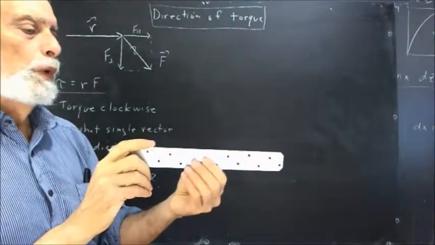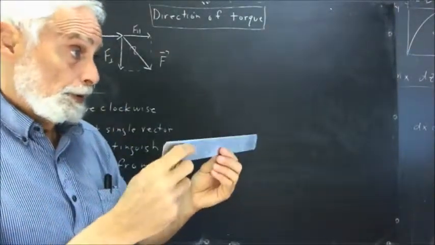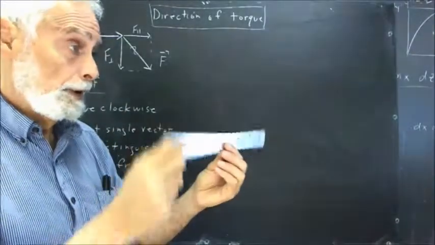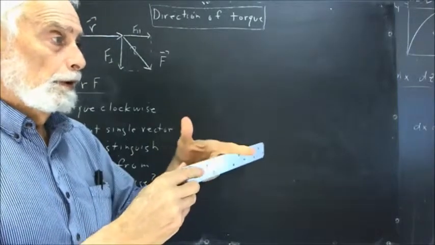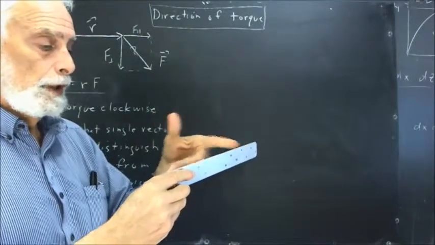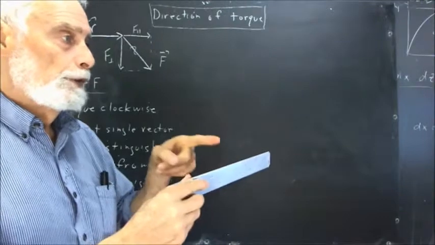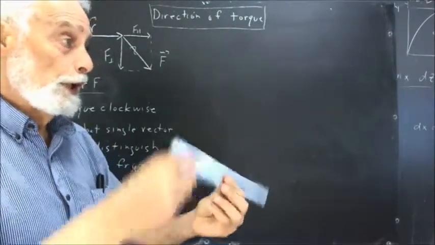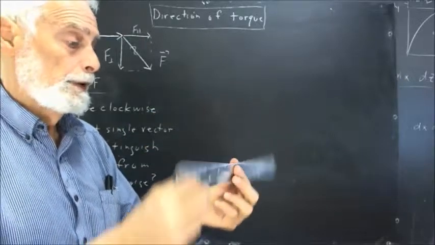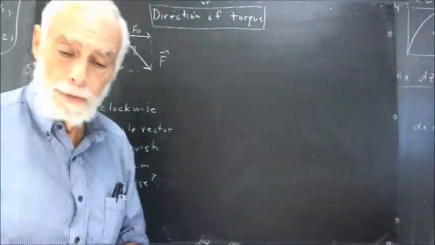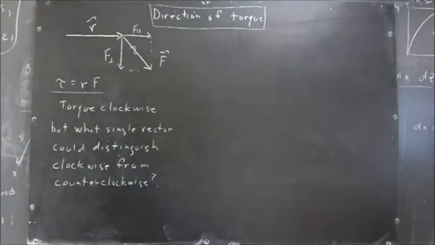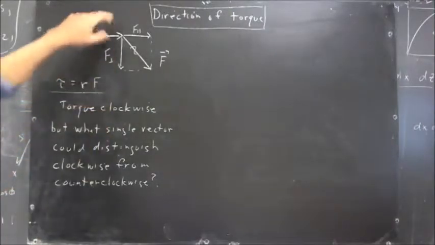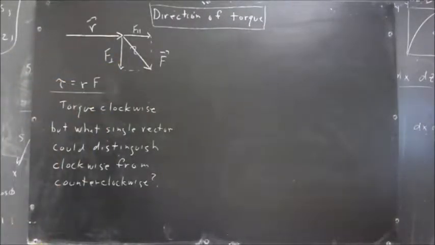The only way to distinguish the motion is with a vector perpendicular to the plane. And if we're going to use a vector perpendicular to the plane to indicate the direction of rotation, then it makes a certain amount of sense to use the cross product of these two vectors.